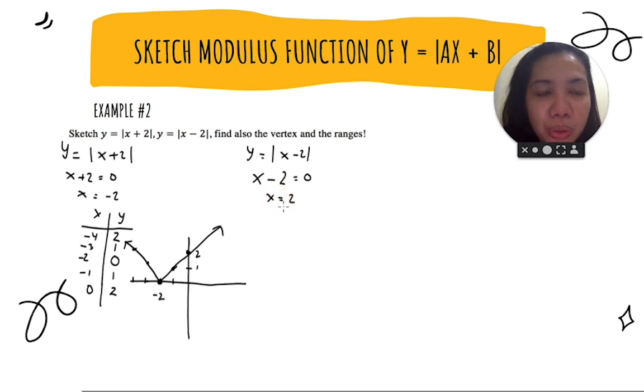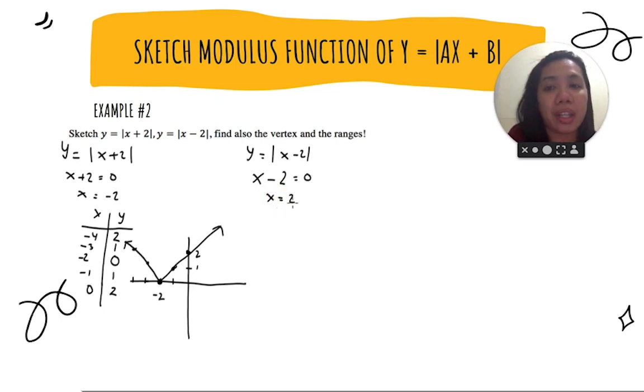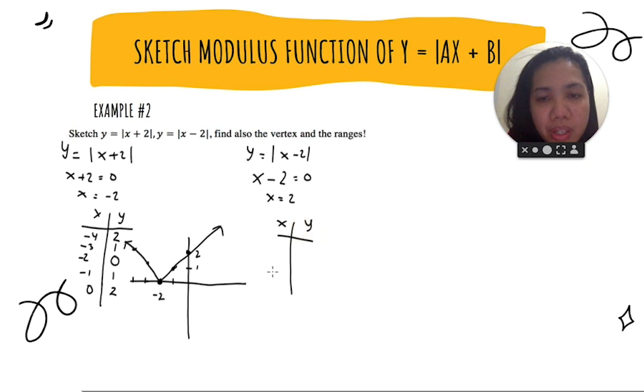So x equals 2 is the x coordinate of the vertex. Next, we make an x and y table. Put first x equals 2, and then find other x values: 1 and 0, 3 and 4.